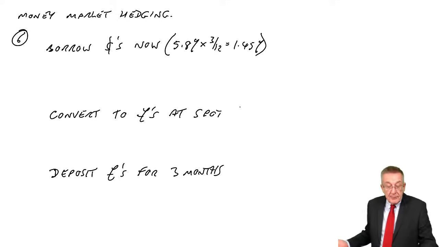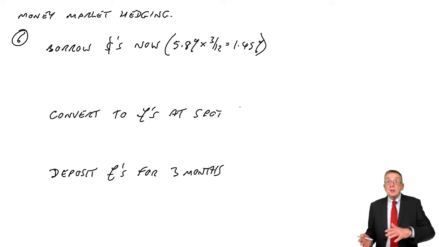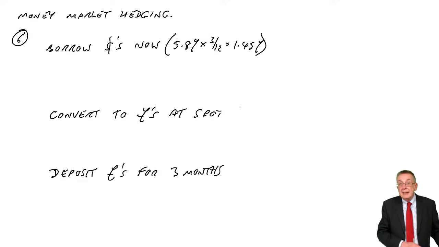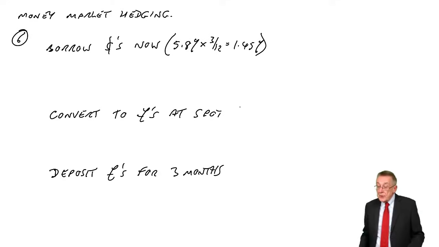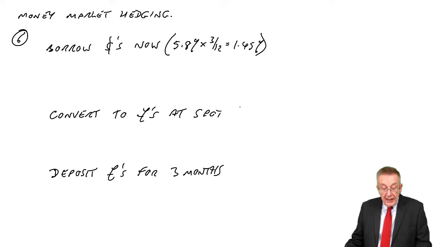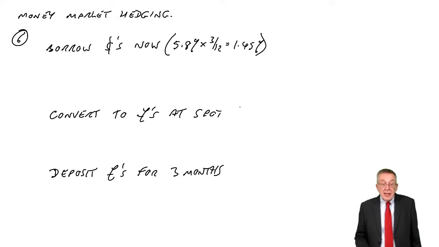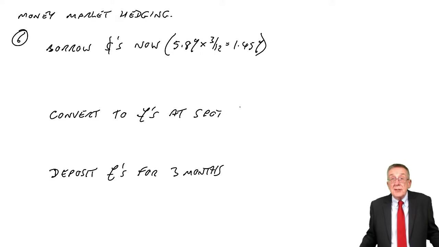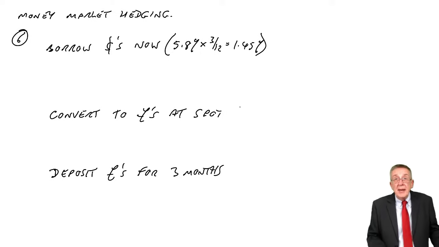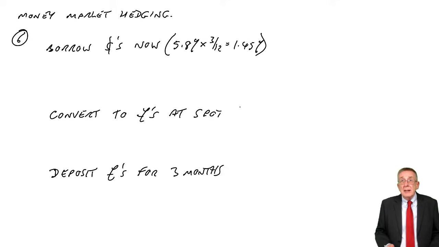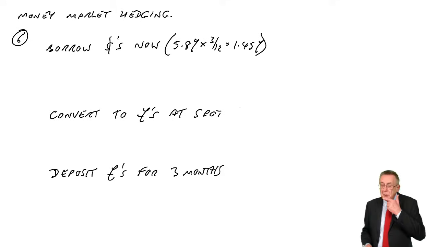We're going to receive $5 million in 3 months, and I'll use that to repay the borrowing. But of course, think about it. If I borrow $5 million now, in 3 months' time, I'll owe more because of interest, and I won't have enough to repay it. So we say, well, how much can I afford to borrow?